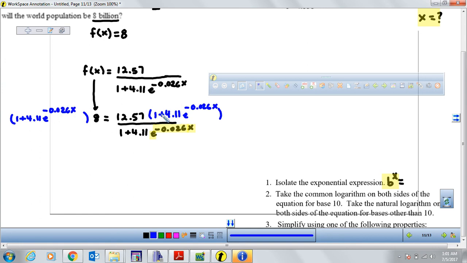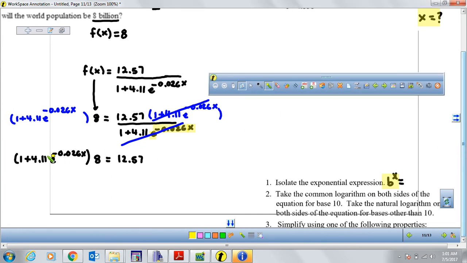Okay. So right here, this is going to divide out, and now we moved it to the left side, right? So we're going to be left with 1 plus 4.11 times e raised to the negative 0.026x times 8 equals 12.57. Now, if I want to leave that e to the power of negative 0.026x by itself, we need to first get rid of that 8 on the outside.